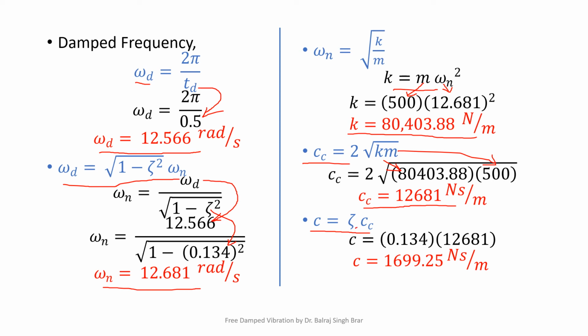We have calculated 0.134, and critical damping coefficient is 12,681. We know damping coefficient for the system is 1699.25 Newton second per meter.